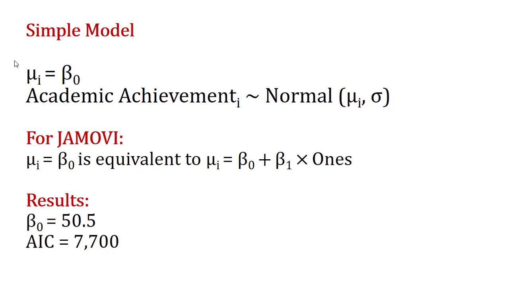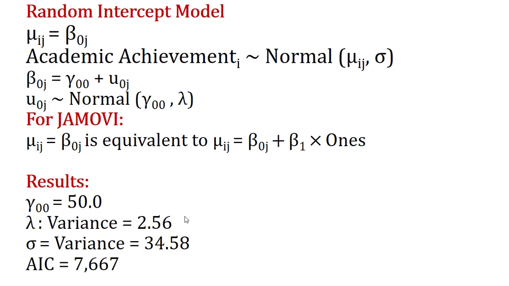Okay, so let's incorporate what we call the random intercept model. That requires a very detailed explanation, so I'm going to go slowly. First of all, we've got a difference with the previous model, in which the mu now is ij, so it has two subscripts, and the i stands for the individual, and the j stands for region.